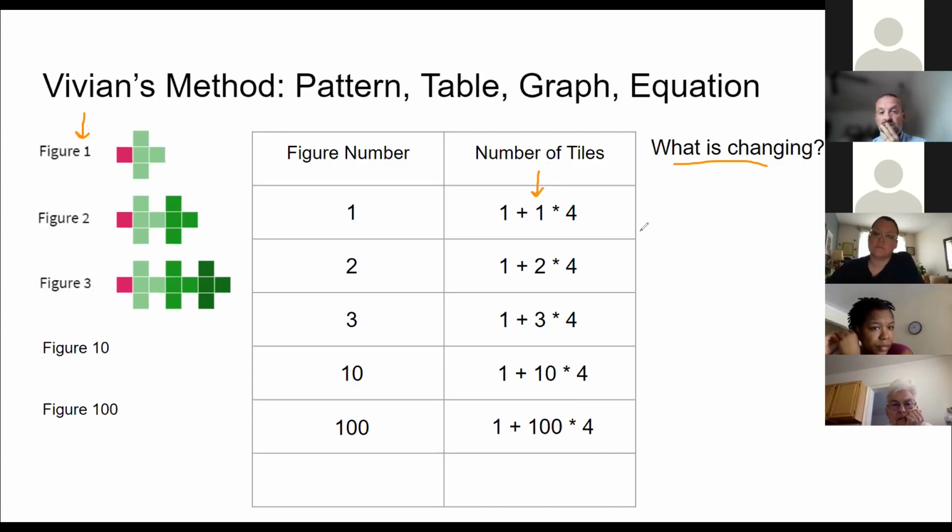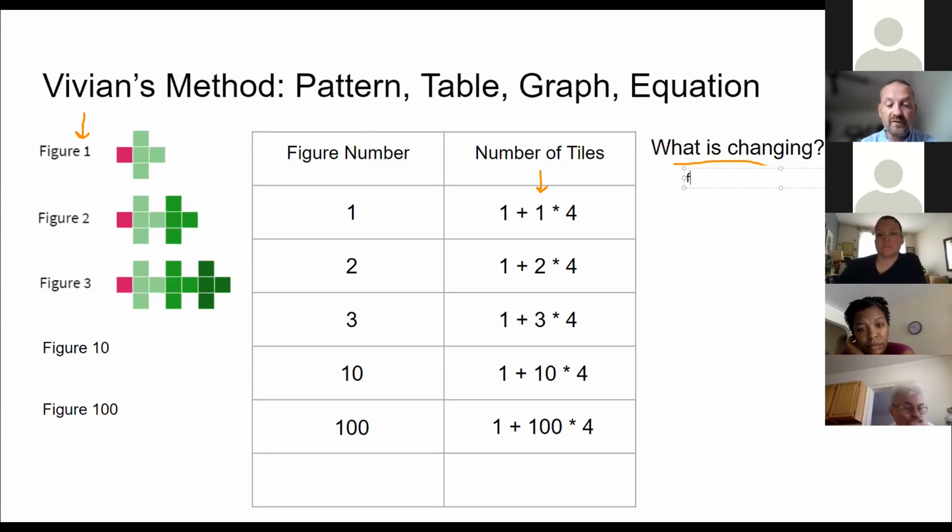Yes. So it's the same, right? The figure number changes, and the number of tiles. Maybe I misunderstood. The total number of tiles, is that what you meant when you said the number of tiles is changing? Or did you mean the number of groups of 4? The groups. But actually all 3 of those things are changing.